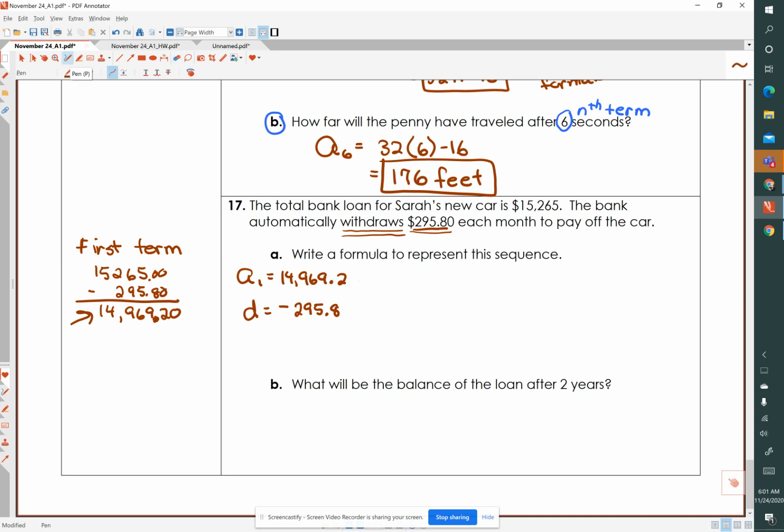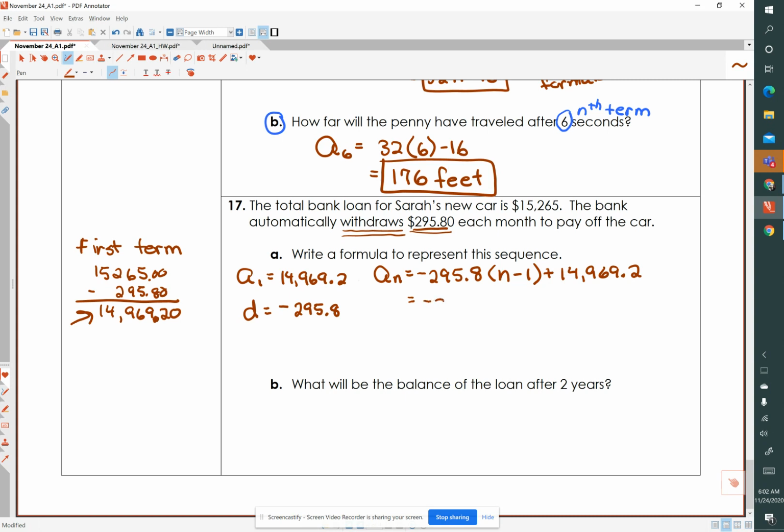So let's go ahead and figure out the formula to represent the sequence. So we have a sub n equals, now we need our d, our negative 295.8, times n minus 1 plus the first term, which is our 14,969.2. Now let's go ahead and distribute first, then combine like terms.